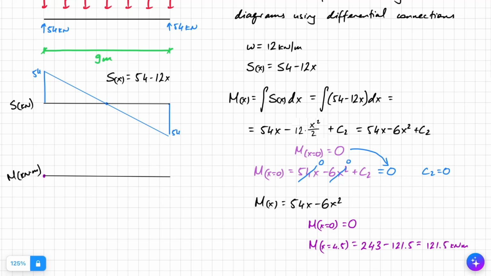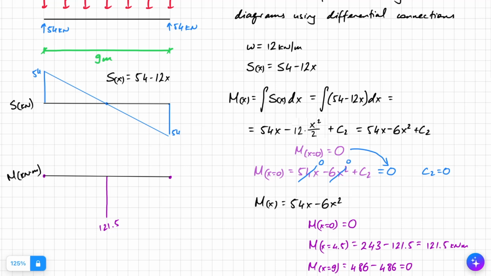So that is the moment here. And when x equals 9, I get 54 times 9, which is 486, minus 6 times 9 squared, which as we expect is also 486, giving us 0, which is exactly what we expect.